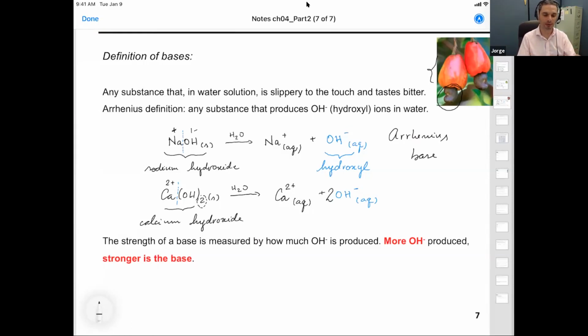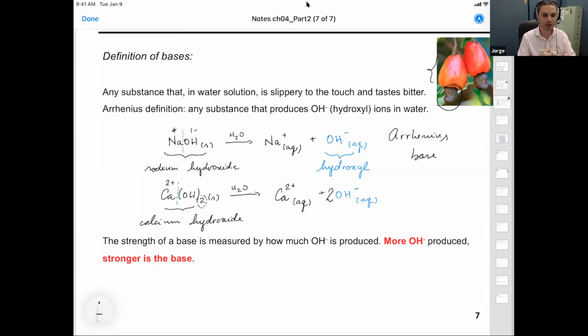Remember that atoms cannot be created or destroyed. You have to keep the same number of atoms before and after. So be careful when you have Ca(OH)2 when you write the reaction. You cannot forget that you have 2 hydroxyl ions.